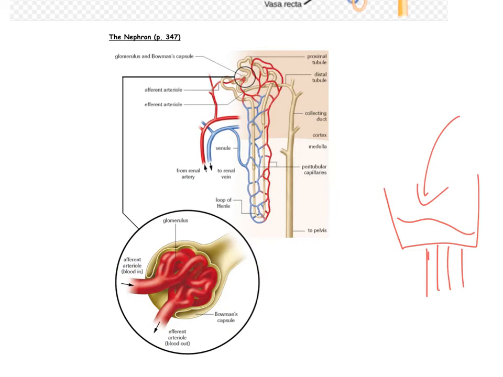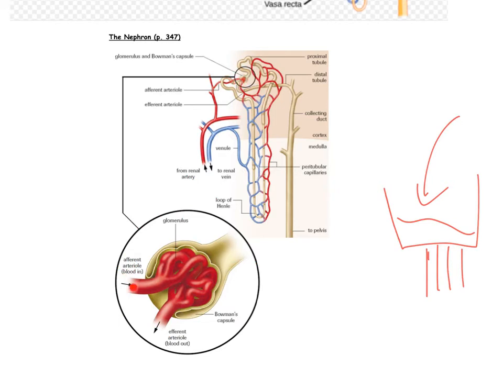Any materials like nitrogenous waste are going to be able to move through into the nephron. So let's imagine that you're a little nitrogenous waste particle of some description, and you've filtered through the glomerulus into Bowman's capsule.